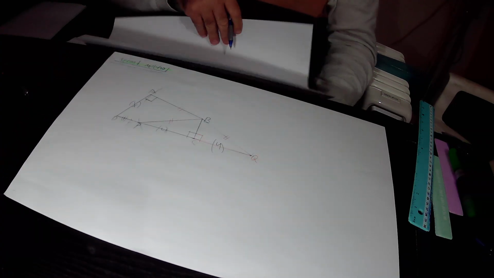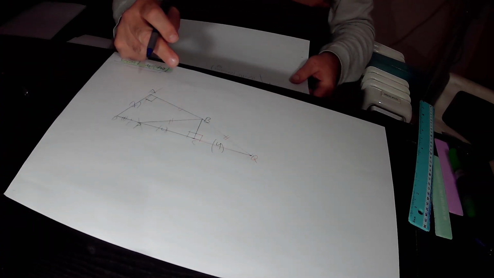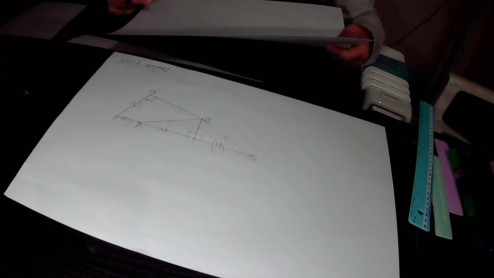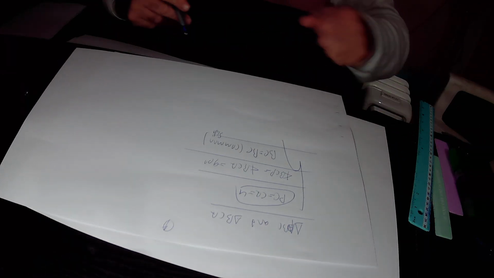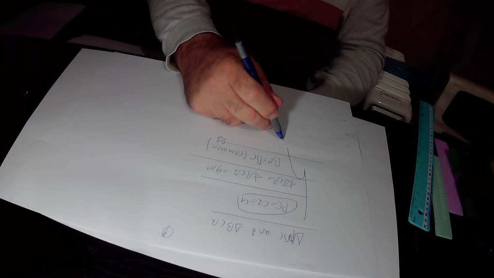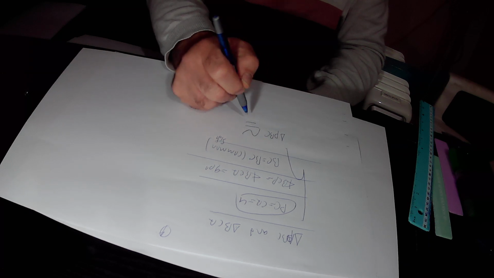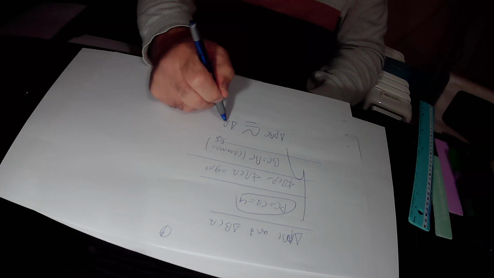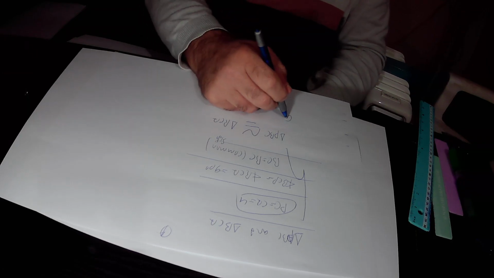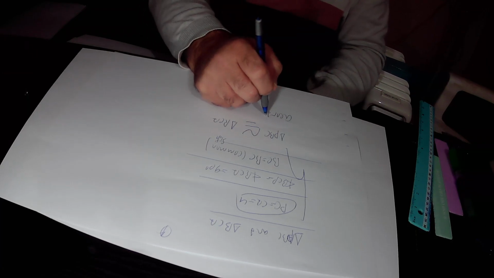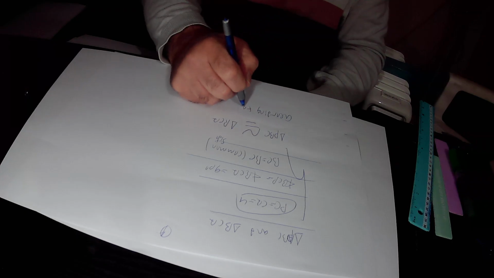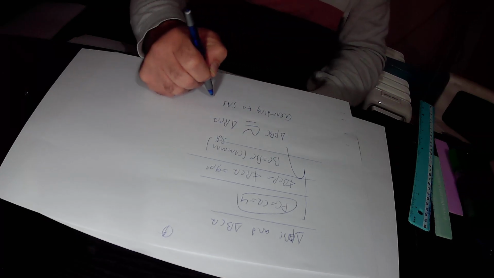So we prove that those two right triangles can go into each other according to the side angle side rule. The right triangle PBC is congruent to the right triangle BCQ according to the side angle side rule.